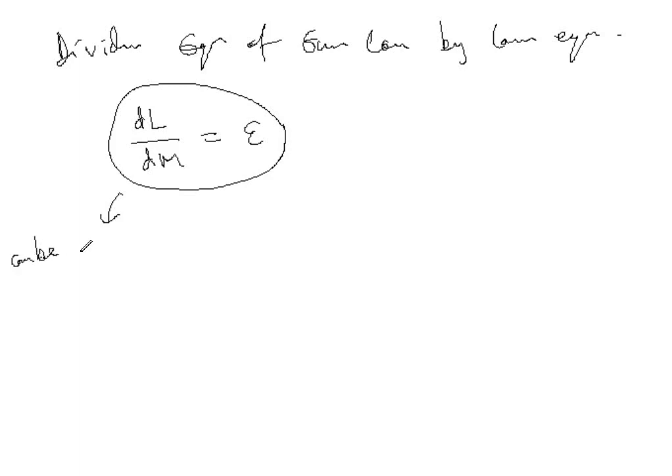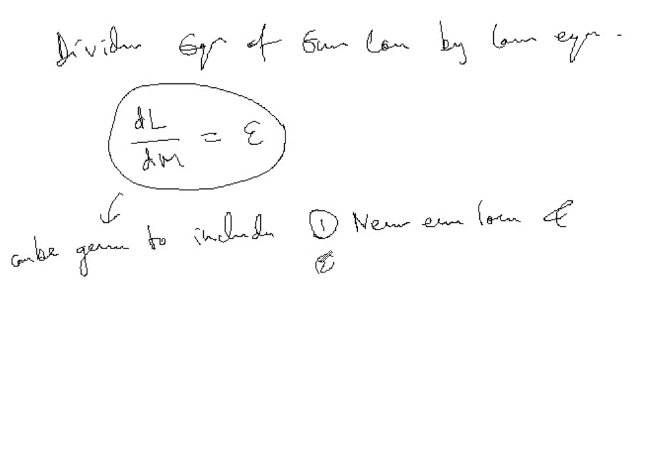Now you see, this equation in fact can be generalized to include, number one, neutrino energy losses, and number two, occurrence of non-stationary processes. Now, regarding neutrinos, they are produced by the same fusion reactions that generate the stellar energy, as well as by other reactions.